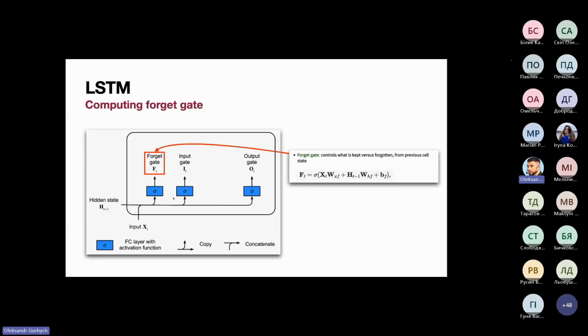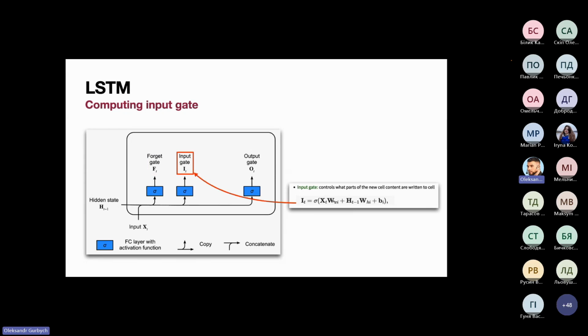Here are all the computations denoted. Forget gate. See, this is one set of weights, another set of weights and bias. Forget gate controls what is kept and what is forgotten from previous hidden state. So literally those are zeros and ones multiplied as a mask to the previous cell state.